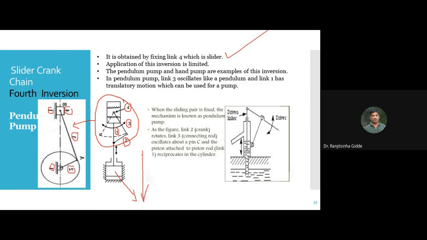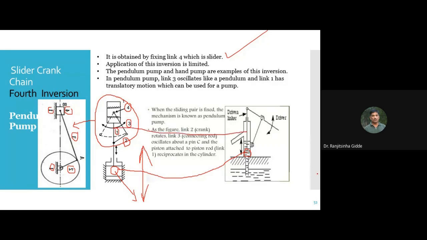It will move in the downward direction and in the upward direction. So if you link this with the right side diagram, whatever part is shown here, the same one is here.